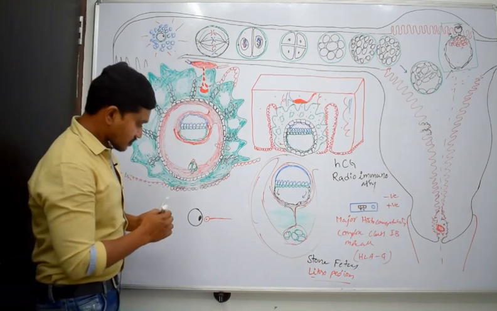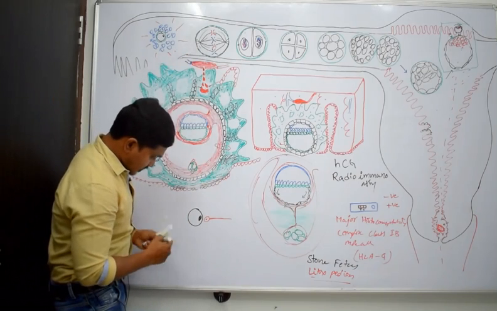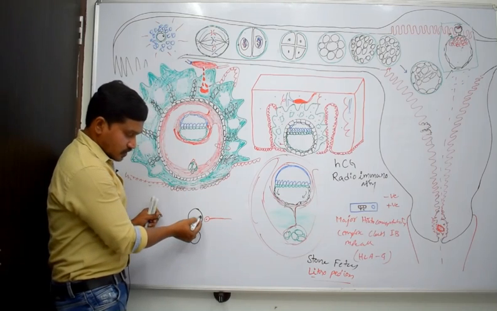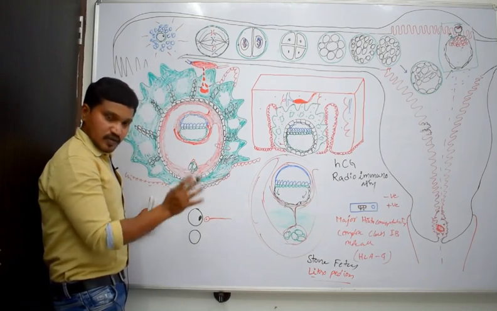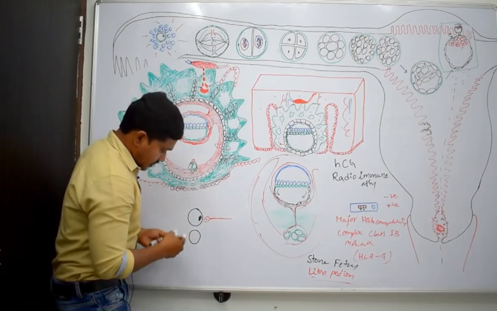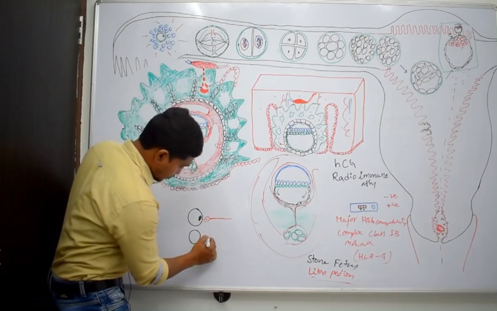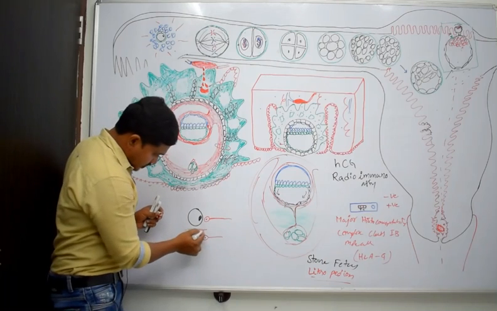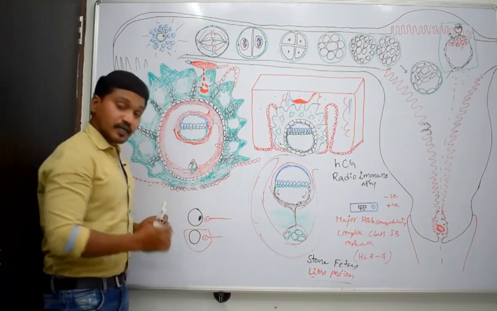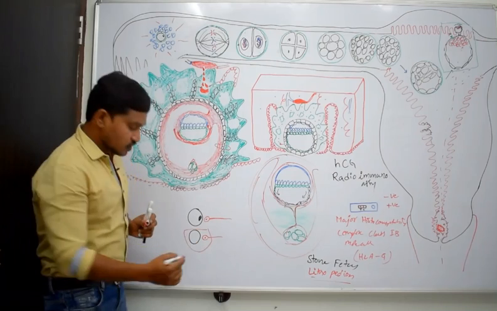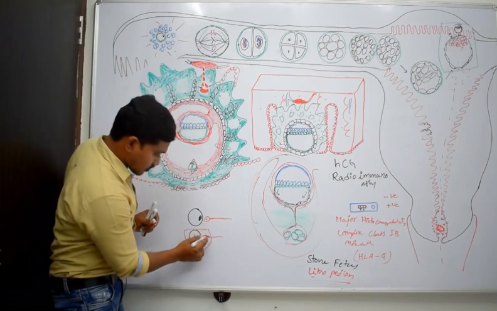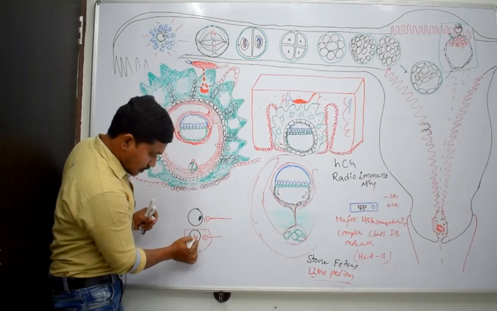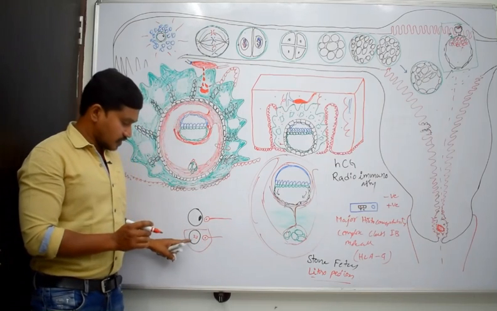But in another condition, the ovum without nucleus, here nucleus is there, here no nucleus, and here the sperm with nucleus. If these two fertilize, the zygote contains only 23 chromosomes, that means only paternal chromosomes are present within it.